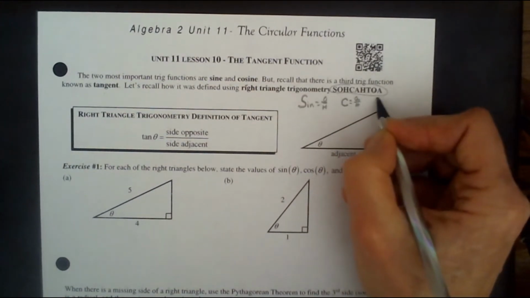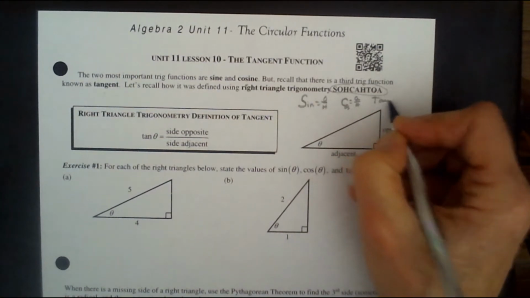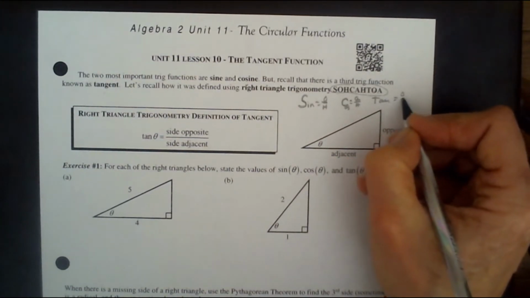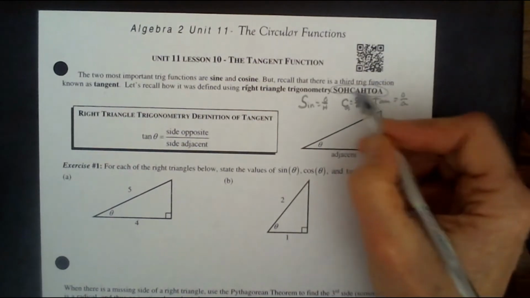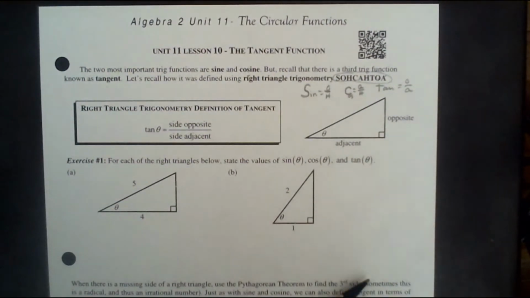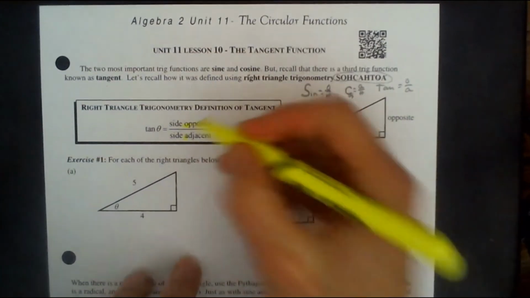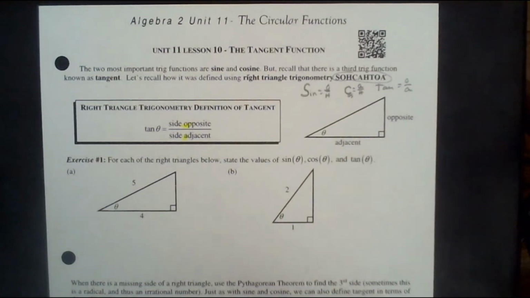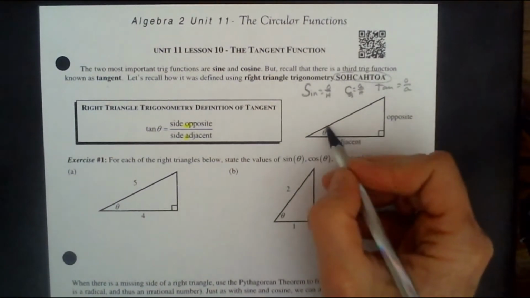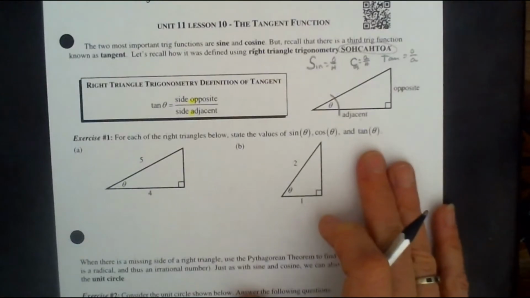And the tangent of an angle is equal to the opposite side divided by the adjacent side. That's what SOHCAHTOA stands for. So the tangent is opposite over adjacent, the TOA part of it. If you wanted to know the tangent of this angle, you go to the opposite side divided by the adjacent side, and you've got the tangent.